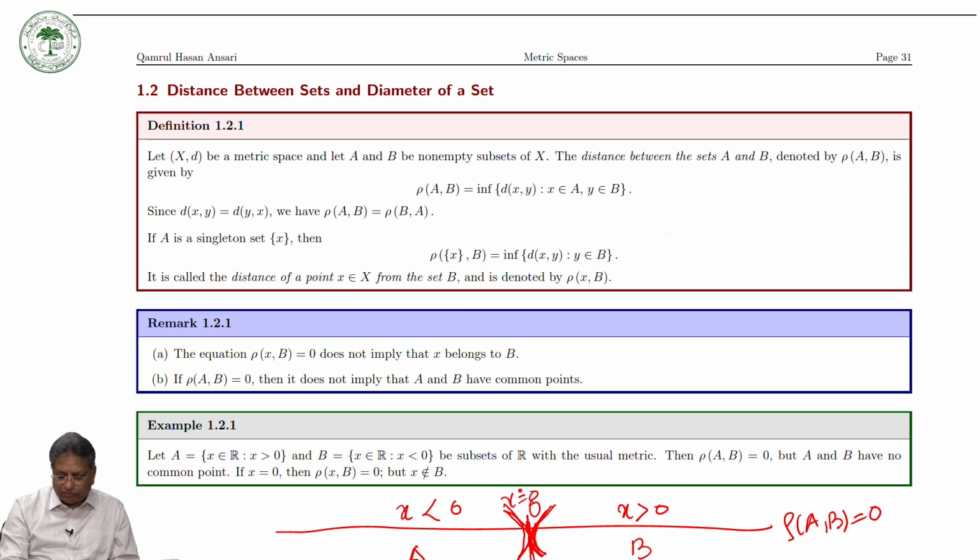So, x is equal to 0 and B is the set of all points x which are strictly greater than 0.